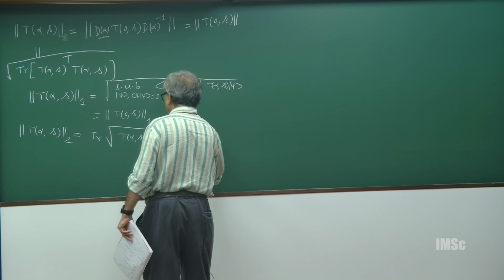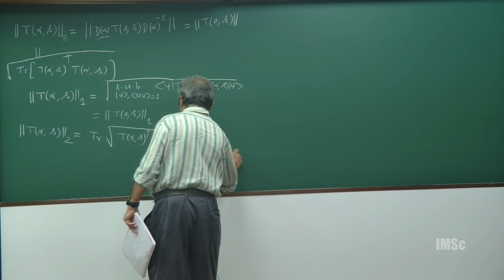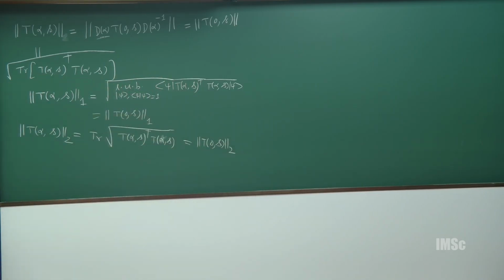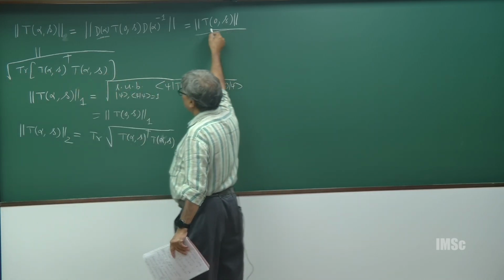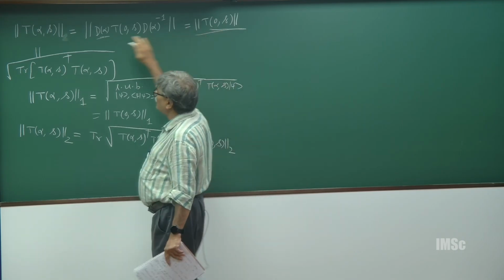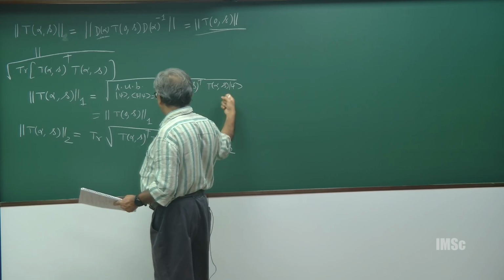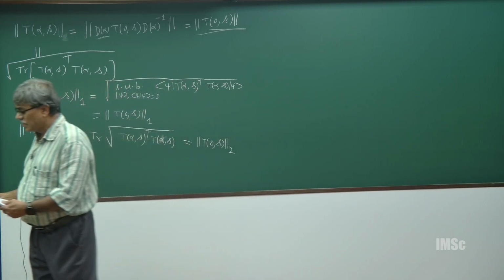So this is the same as the 2-norm of T of 0S. So if this is finite, that means if this is bounded, this is also bounded, and so on and so forth.